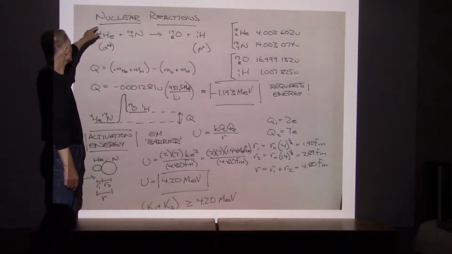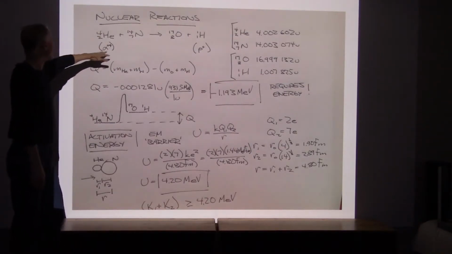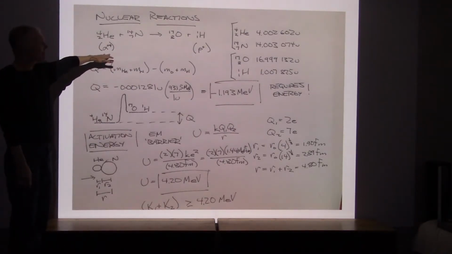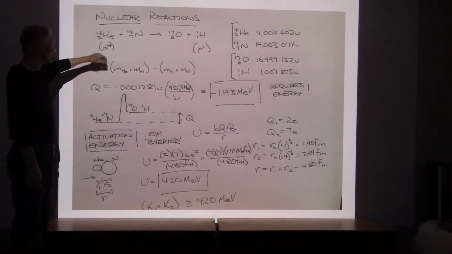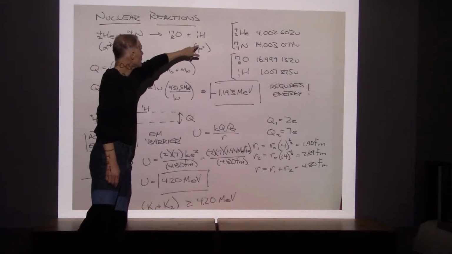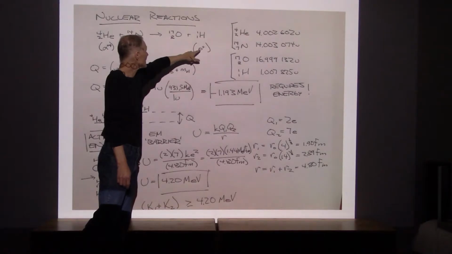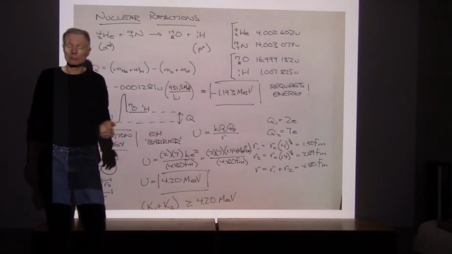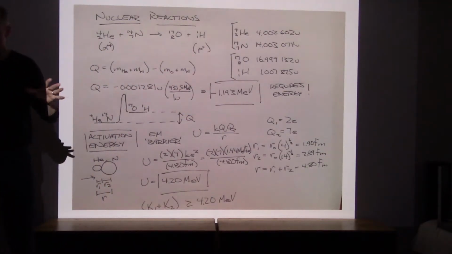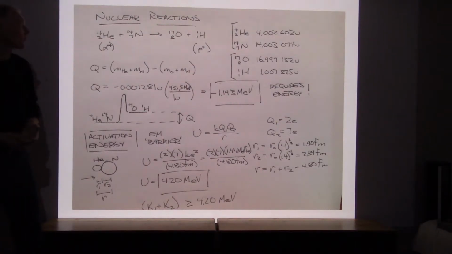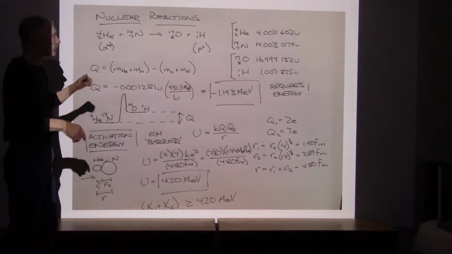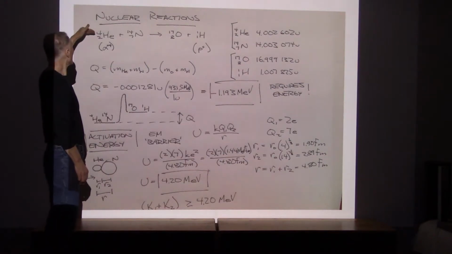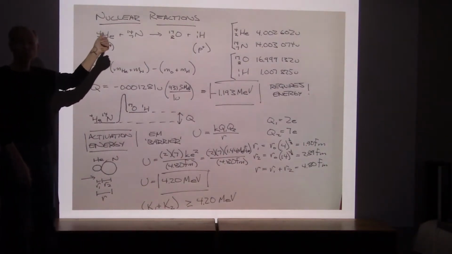In these reactions, when we see helium-4, that often is just saying it's an alpha particle, and it's got 2 positive charges on it. The hydrogen that we see in these reactions often is just a proton. So again, the electrons are going to be mostly spectators in these reactions. Just a note here, the slides that we have here are emphasizing this approach, thinking of this in terms of neutral atoms.